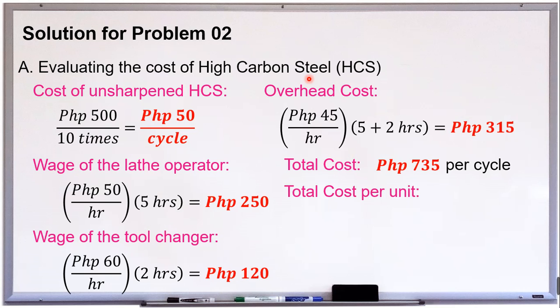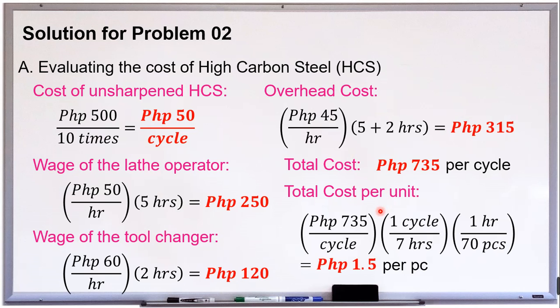So we're going to take into account the output of this material. So let's proceed with that part. So we have total cost per unit. We have 735 pesos per cycle, and in one cycle or one operation, it will take 7 hours. So that is the sum of the grinding time and the time in changing the tools.